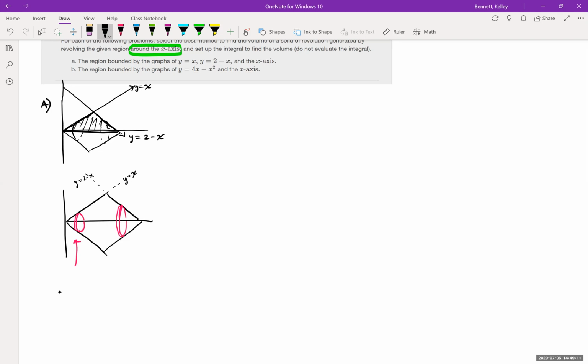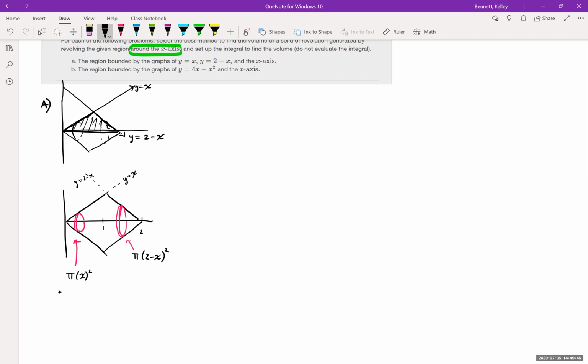So this washer, its radius is given by the line y equals x. So this is pi x squared. But notice that the governing function changes here. So this is the point 1, this is the point 2. So this washer over here has a different form. It's actually pi, and its radius is 2 minus x. So I have two different washers.